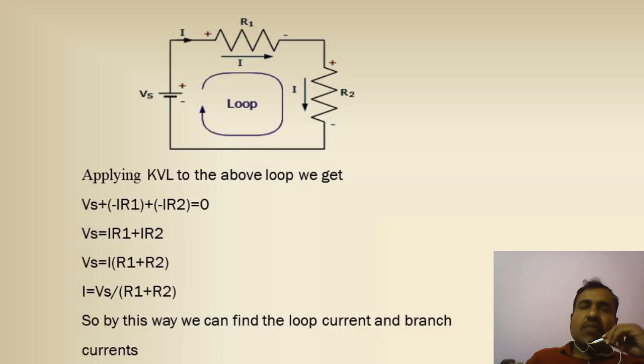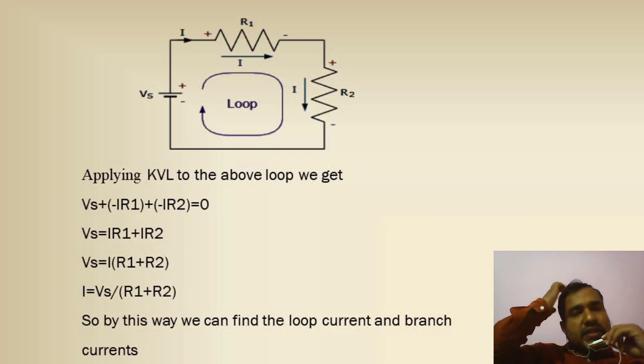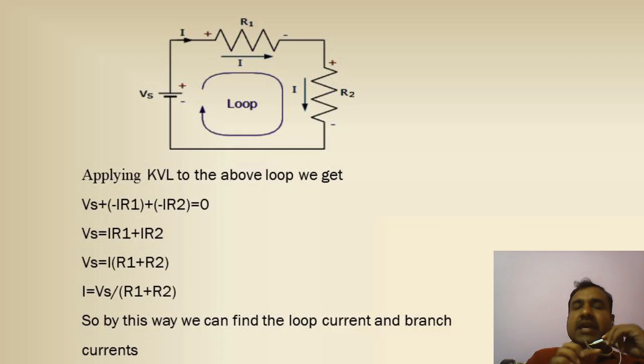I will take it as positive Vs. Going next to resistance R1, wherein I am moving from positive terminal to negative terminal, hence I have to take this voltage drop as negative. That is, how can we find out voltage drop? That is I into R, that is current into resistance, that is minus I into R1.